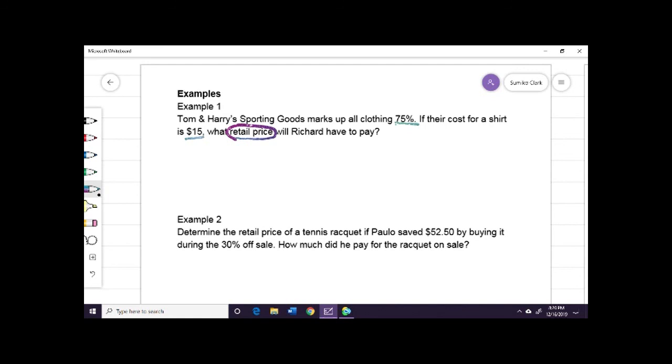So we can put these two together and we can get cost plus the markup, and we know that the markup is markup rate times the cost, and that equals the retail price. Okay, so that is our retail price.